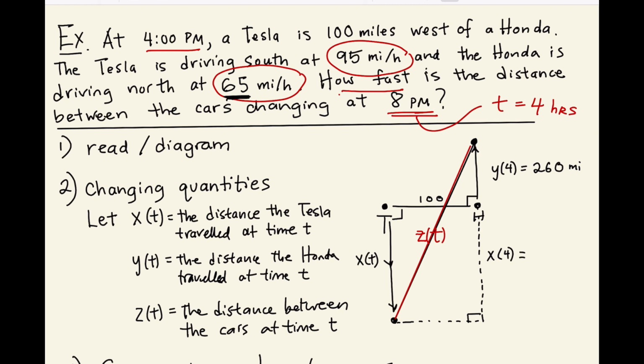And x of 4, how far did the Tesla travel? Well, that would be 4 times 95. Well, that would be 380 miles. We know that this side of the triangle is 100 miles. So now I know the big side here is going to be the sum of 260 and 380.